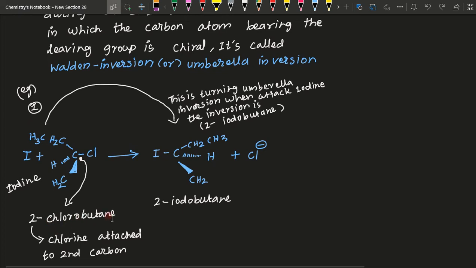this is 2-chlorobutane. The chlorine is attached to the second carbon.